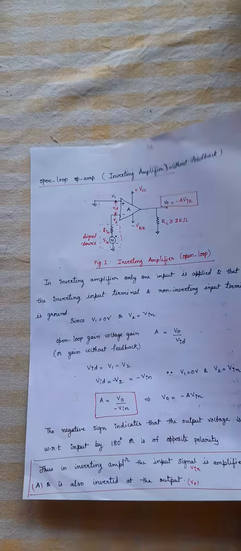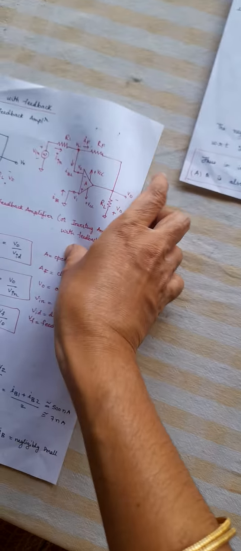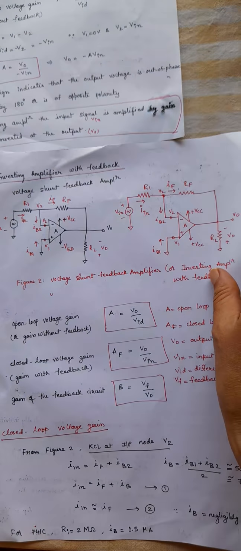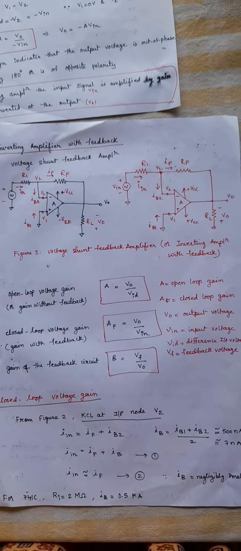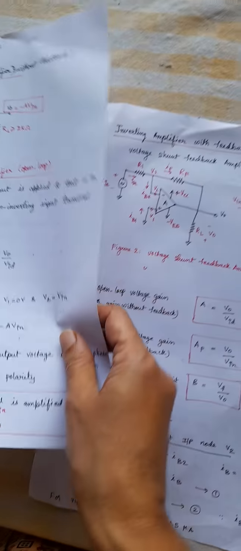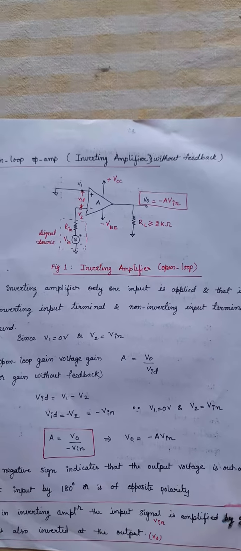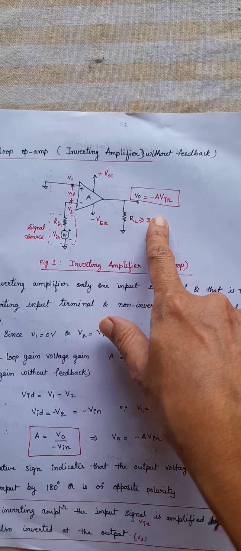Let us now see how to derive the inverting amplifier with feedback. In the previous circuit, if you look, the inverting amplifier is not having any feedback.